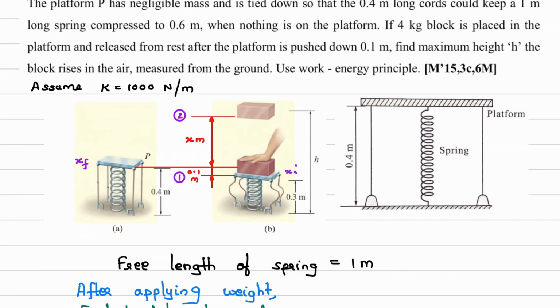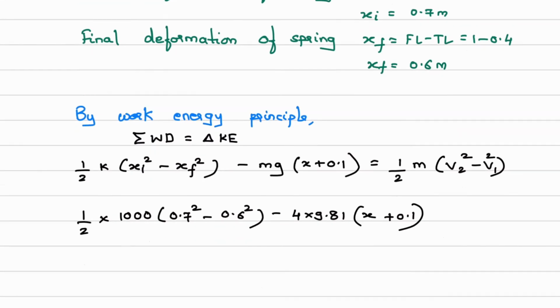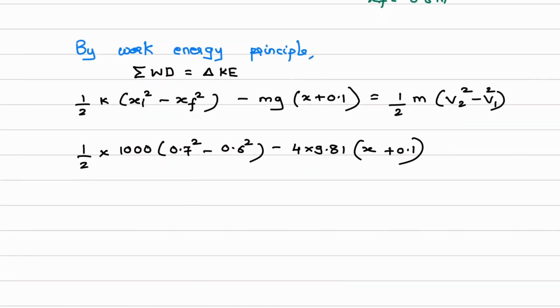So when you consider velocity at point 1, that is 0. Why? Because here the force is applied by the hand and the block is at rest. Once the force is removed, the block will travel in upward direction and height will be maximum where V2 is 0. So V1 is also 0 and V2 is also 0. So right hand side will become 0. So change in kinetic energy will be equal to 0. So from here only unknown is x.